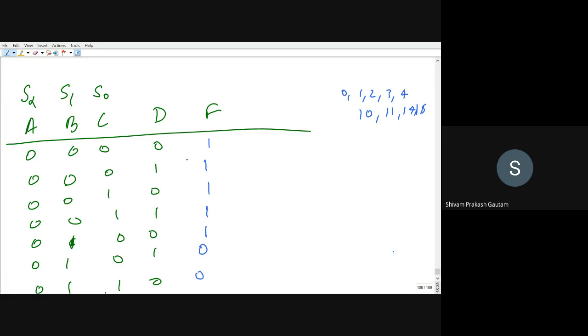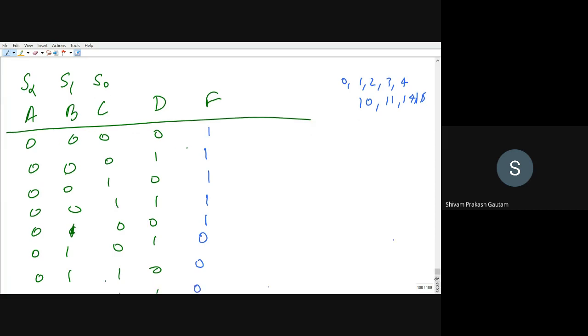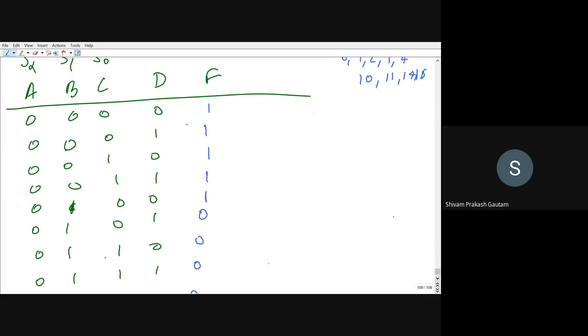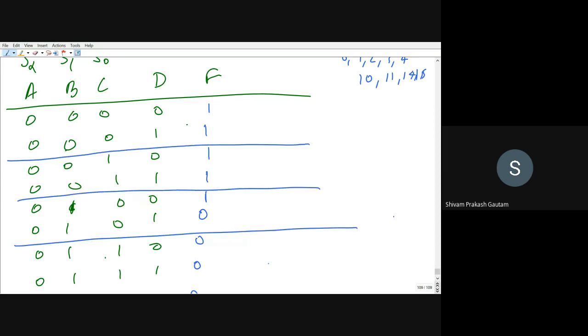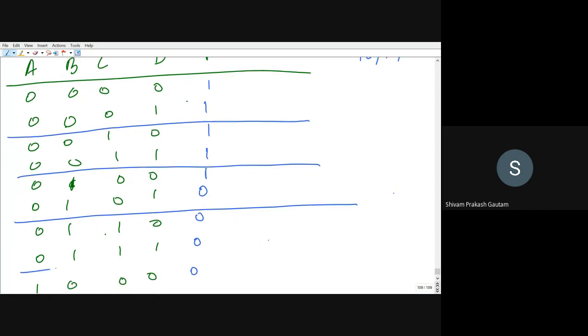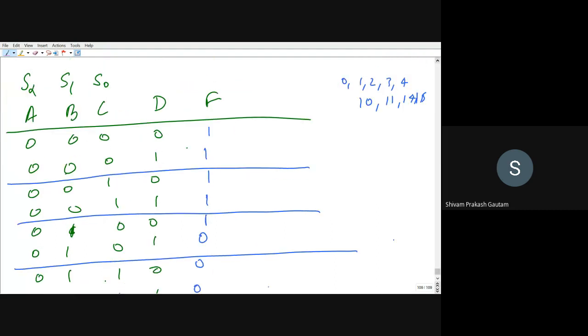Now what you can do here, you can see if I divide the truth table in this way, why am I dividing? You can see I have divided it in such a way that ABC remains constant, that is, the select lines remain constant. In this, ABC is 0, 0, 0.